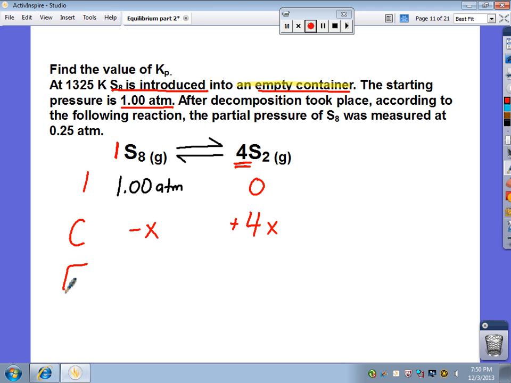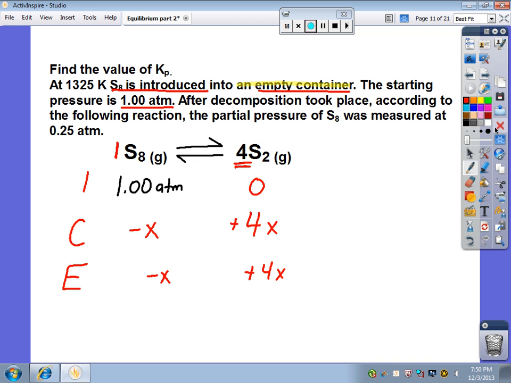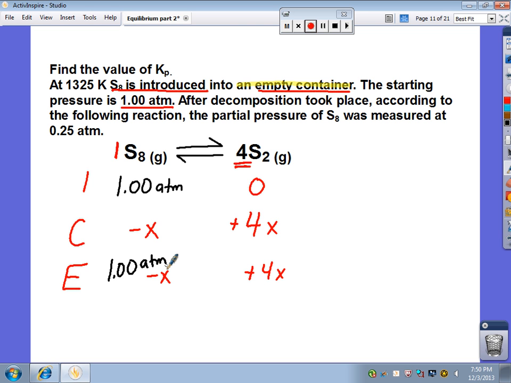And now I want to find my E for equilibrium. Well, what is true? Here I have 1.0 atmosphere minus x, right? And what do I know here? I have 4x at equilibrium. Let's look and see what else we know. After decomposition took place, according to the following reaction, the partial pressure of S8 was measured at 0.25 atmospheres.